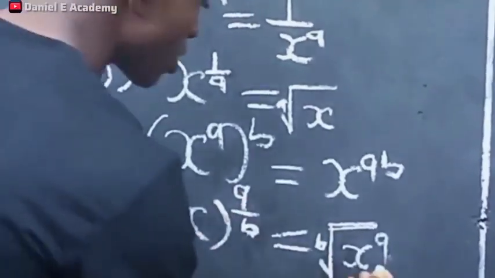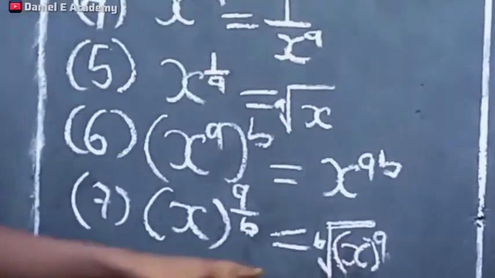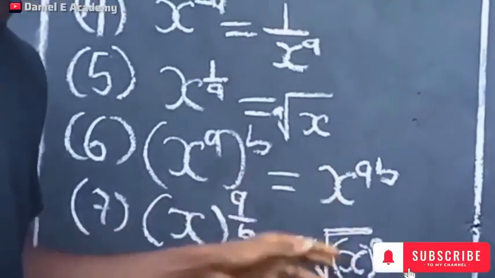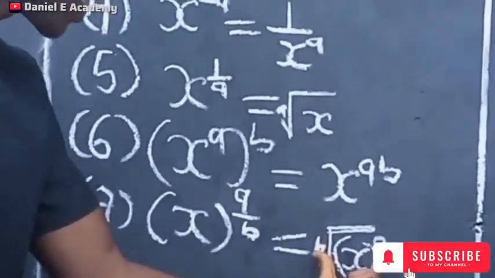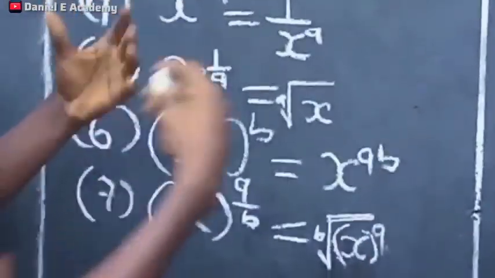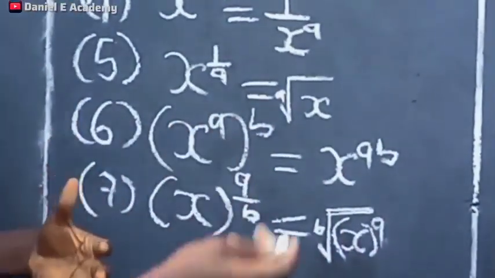Once you take the root of whatever b is, then a becomes the power. So you multiply it by a, or you open the bracket by a.